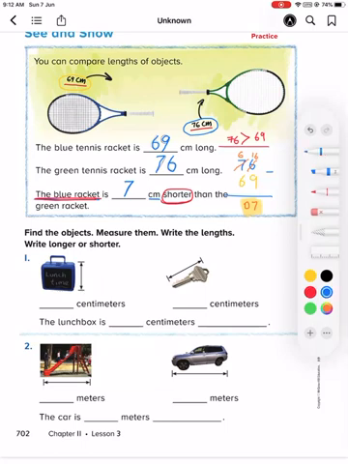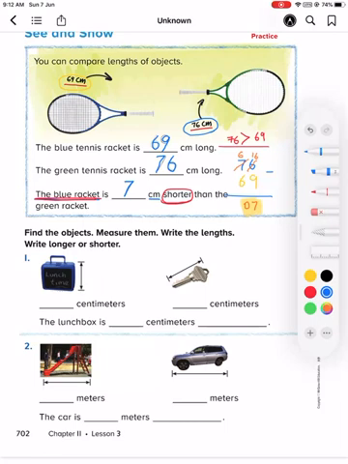Of course, all of you know that we have some objects and we have to measure them to start doing the question. So I already did this before. I measured my lunchbox, my keys, my car, my slide and all the other objects here. Some of them I measured using the ruler, some using the metric stick.